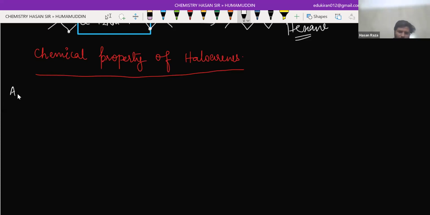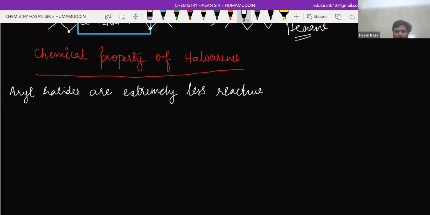Aryl halides or haloarenes are extremely less reactive towards nucleophilic substitution reactions.